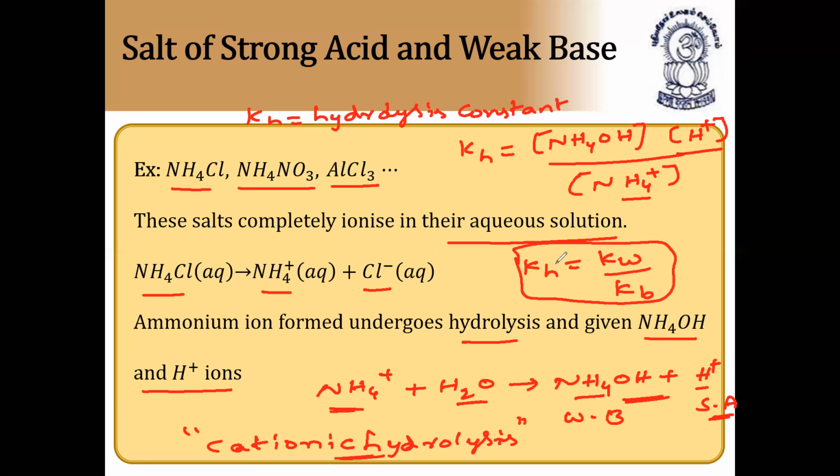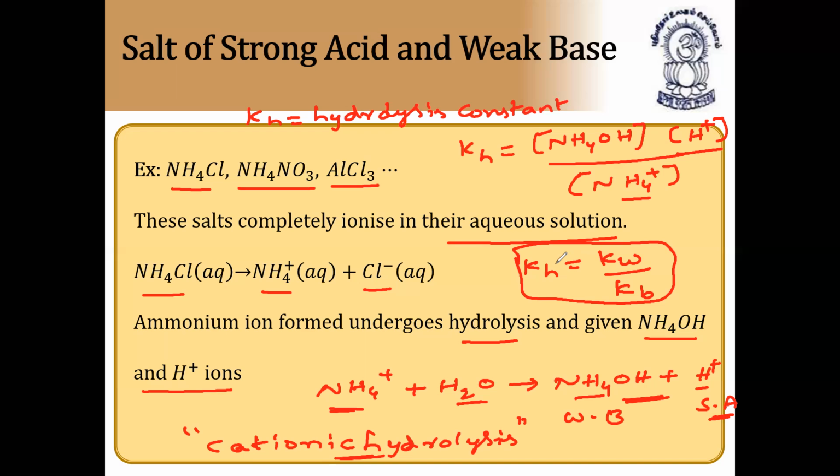Which type of salts will undergo cationic hydrolysis? The salt which is formed from a strong acid and a weak base. Very important, please note down. In the entrance examination, they will give the salt, and by seeing the salt we can say whether it is obtained from a strong acid and weak base, or a weak acid and strong base, or a weak acid and weak base.